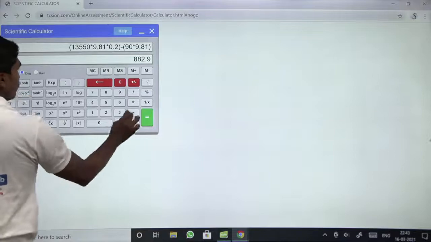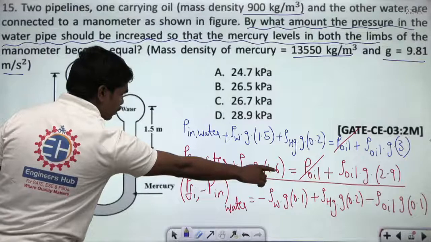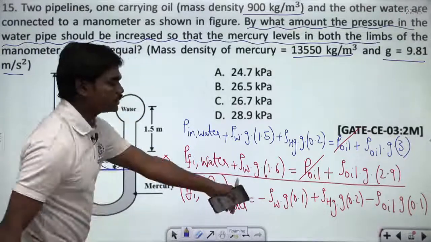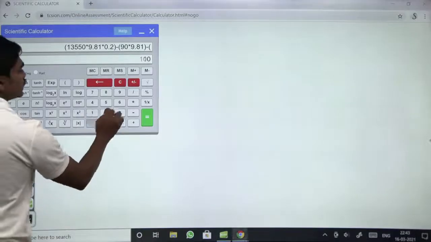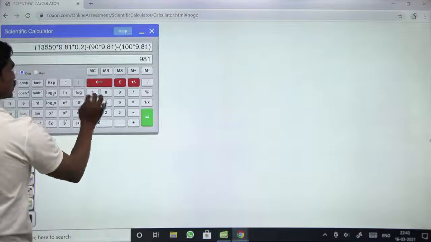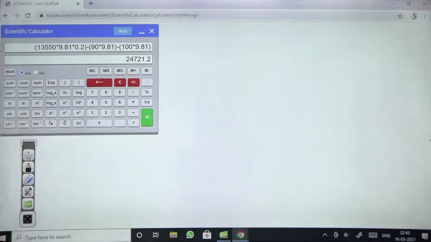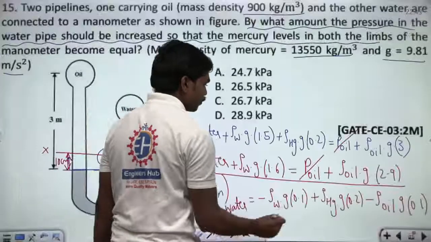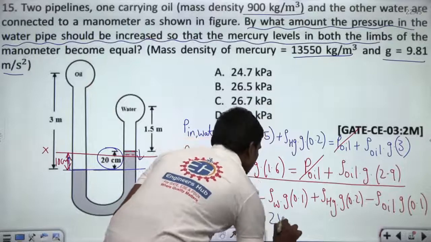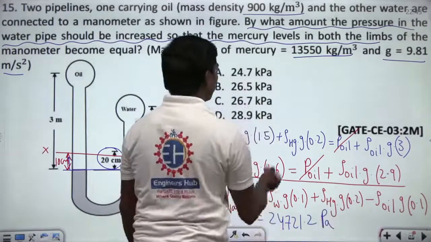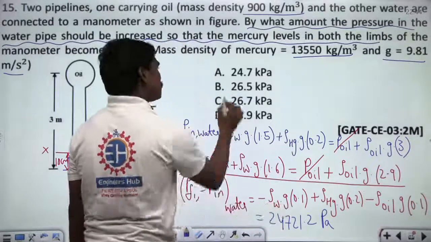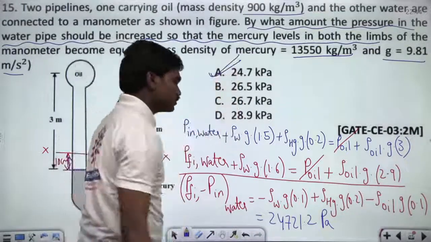There is one more minus sign here: density of water into g into 0.1, so 100 into 9.81. So minus 100 into 9.81. So this is the value: you can see 24721.2. This is in pascals, but I think they are asking for kilopascals. So 24.72 kilopascals. So here is the correct answer.